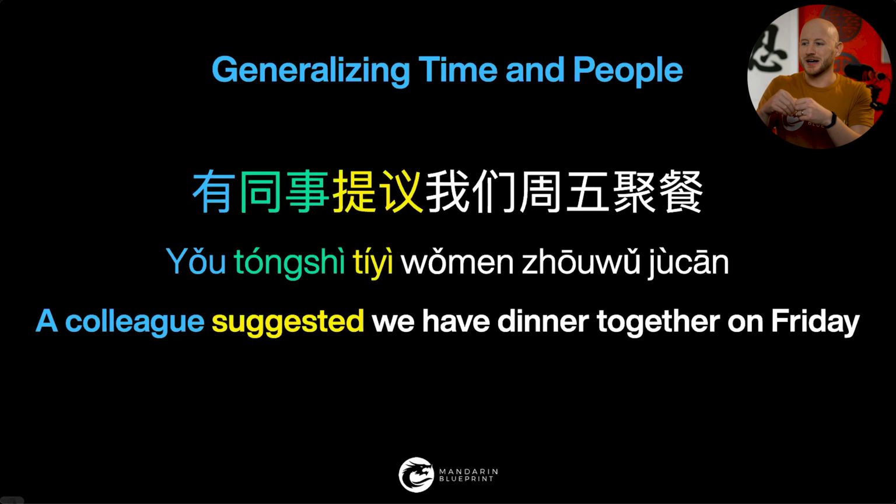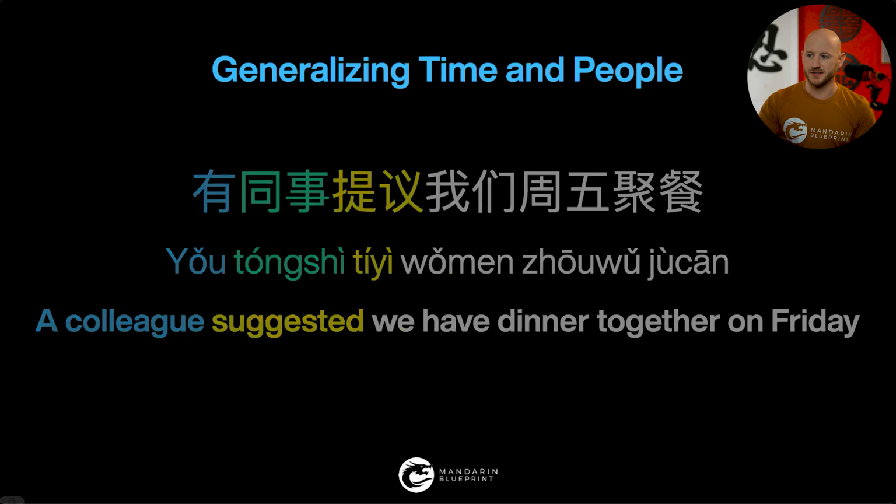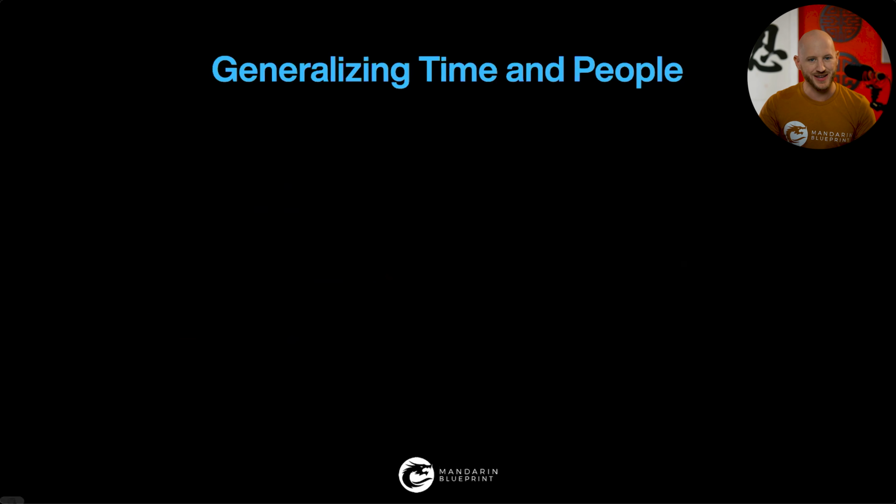So by saying 同事, you're getting across the idea of the colleague. 有同事提议, that's suggested. 我们周五聚餐, we have dinner together on Friday. So you get the idea. This is a good way to generalize people and not have to say specifically who it was, but just the category that they're in. Person category, friend category, teacher, colleague, whatever it is.